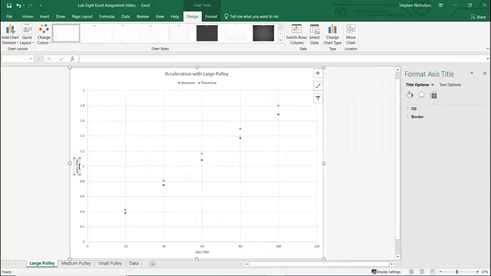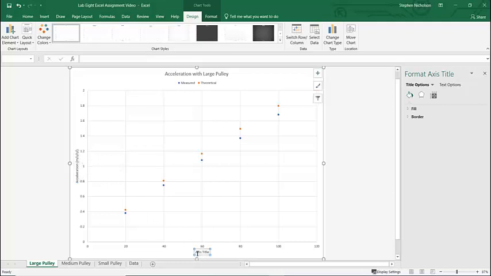The axis titles are going to be the same. So I've clicked on the title. If you double click, it'll highlight, and then it's a little small, so just be careful when you type. So we have the acceleration in meters per second per second. I could put meters per second squared, but it's just easier to not. So that's acceleration, linear acceleration.